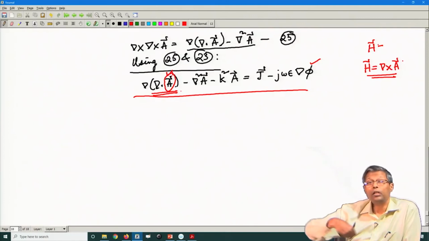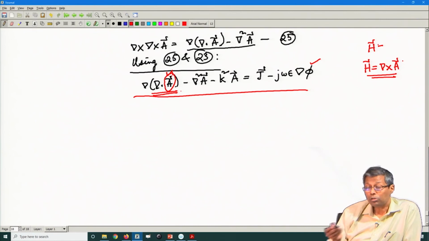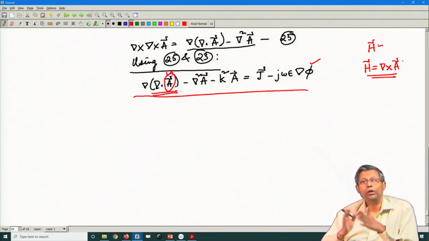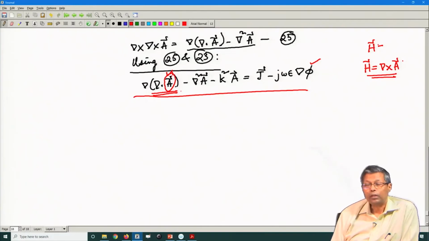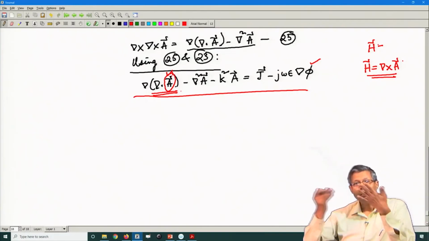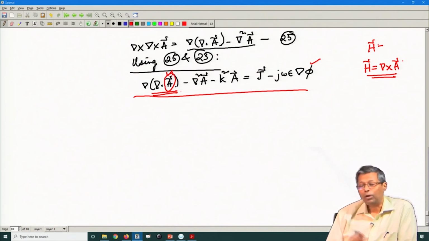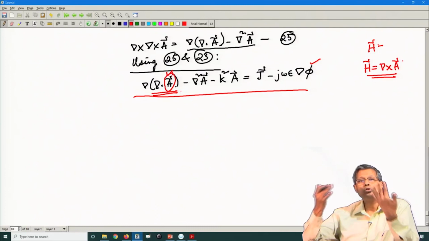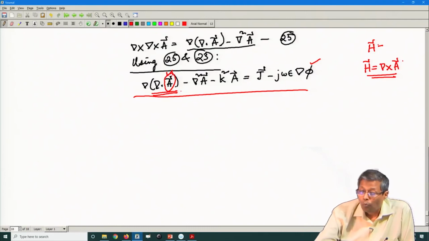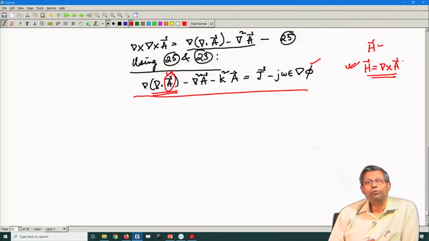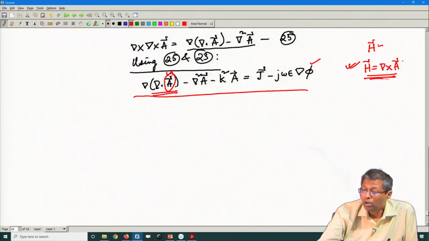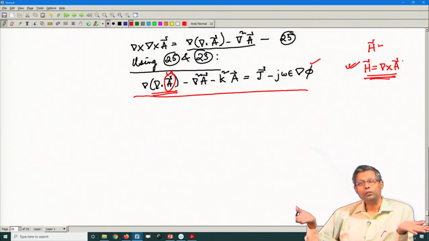The curl of A denotes the rotating tendency of A. It measures the rotating tendency of A. The divergence of A denotes the outward spread of A, as the word divergence indicates, the outward flow of A. Because the rotation and the outward flow are two orthogonal characteristics, once we have already defined the rotation of A, we are now free to define independently the divergence of A. I repeat that again, because the rotation and the divergence are mutually orthogonal characteristics.